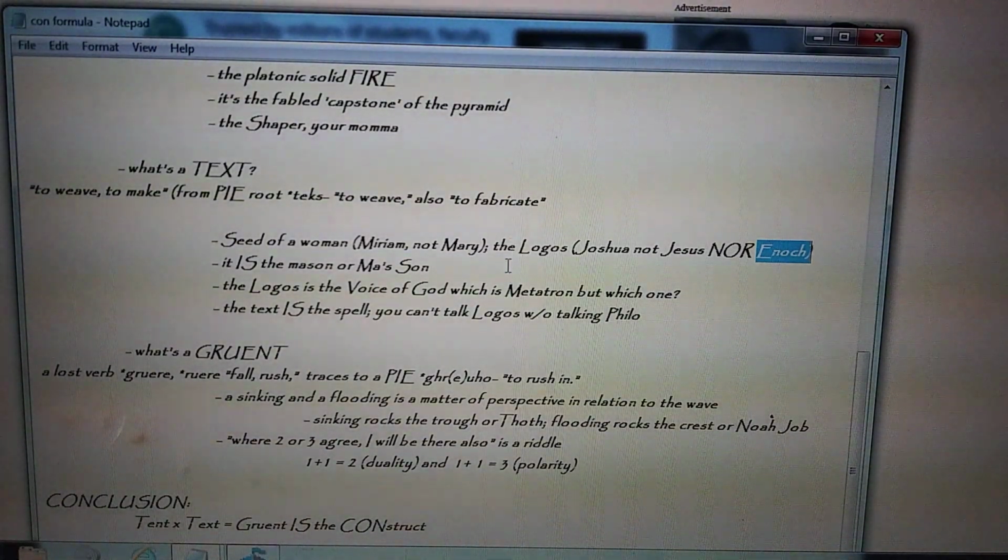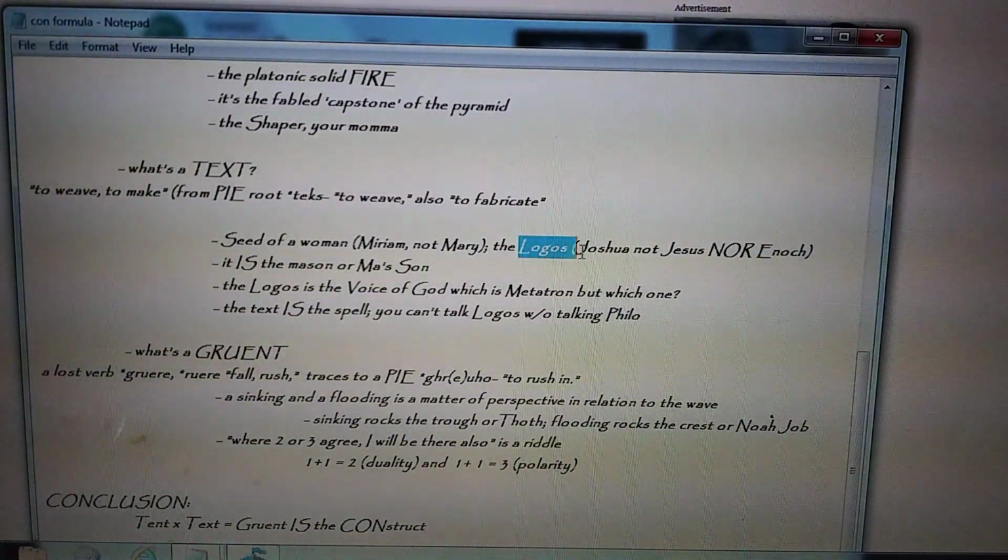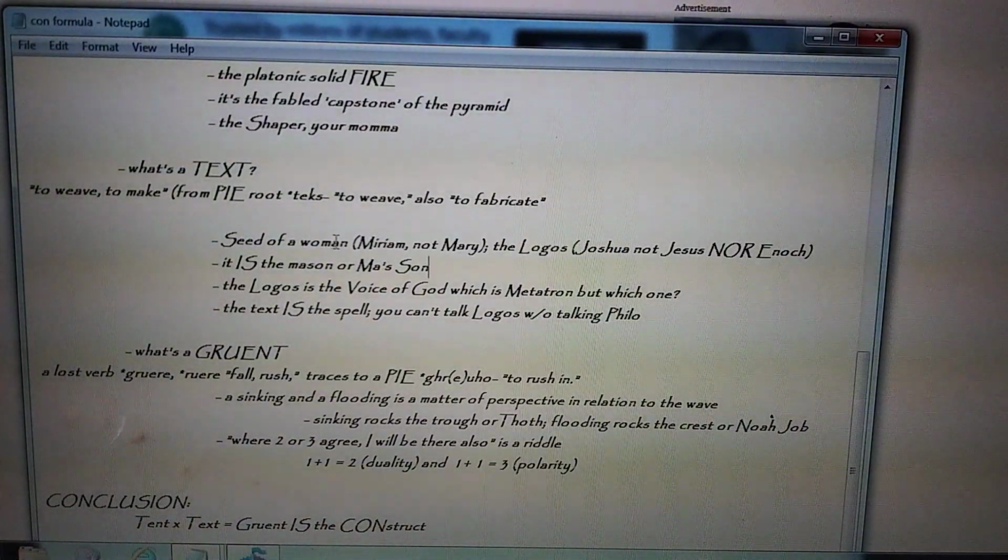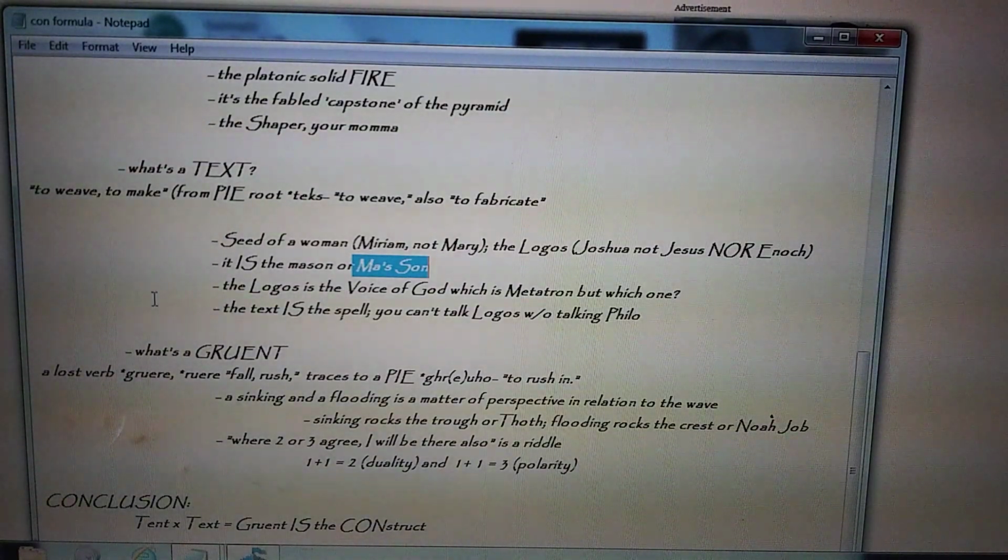Let me say it again. The logos is Joshua, the seed of a woman. It is the mason or the what? Son. The logos is the voice of God, which is the Metatron.